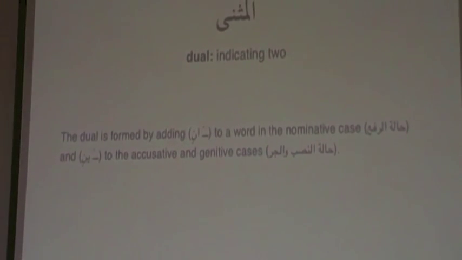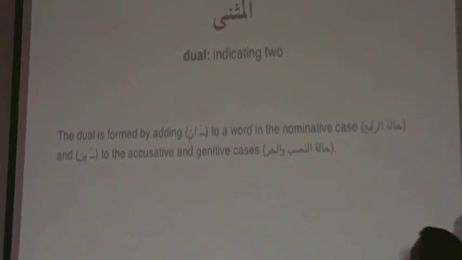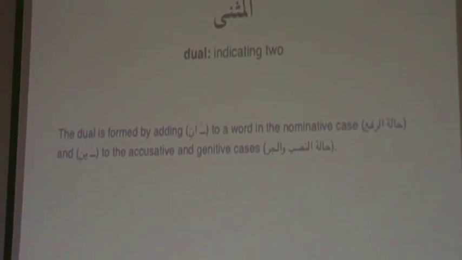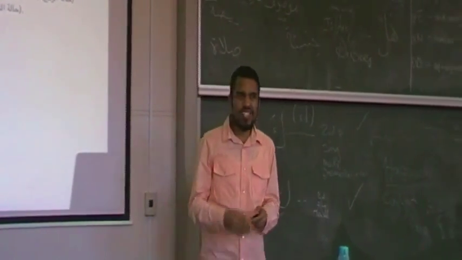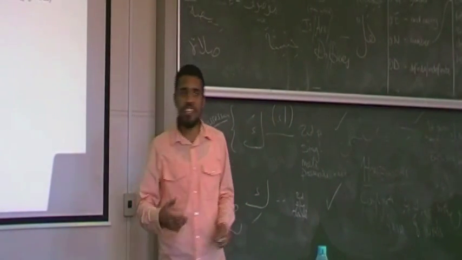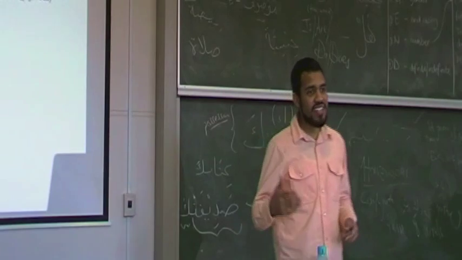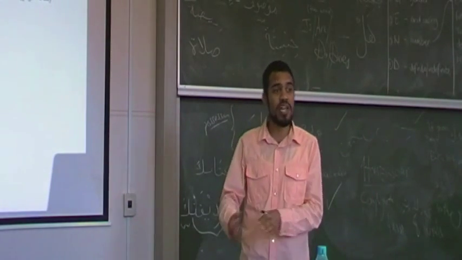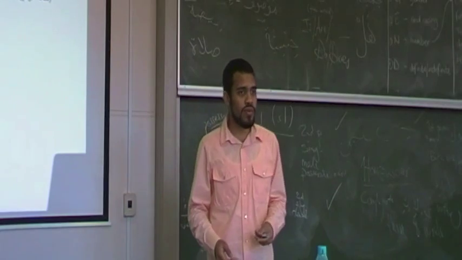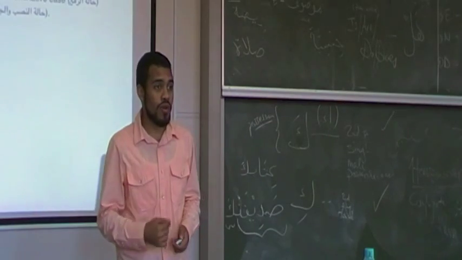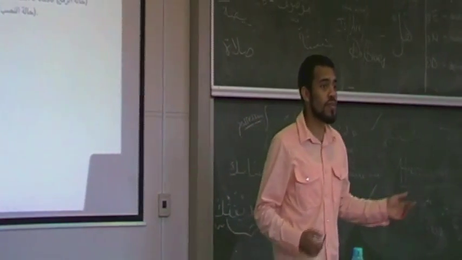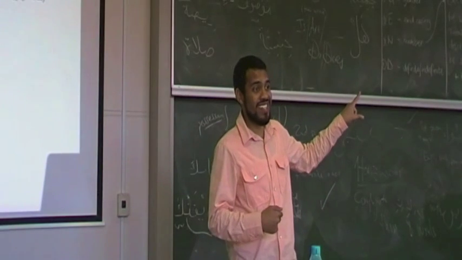Now I don't want you to worry about what this is saying, hal rafa', hal nasb, hal jar, because I'm going to get there next week on Tuesday or Monday. But for now it is sufficient to know that there are different ways of indicating a word's case. What are these accusative, genitive and nominative cases? In brief, these cases tell you whether something is acting as an object or a subject in a sentence. When something is the object, like akaltu, I ate, I don't just say khubz. Akaltu khubzan.